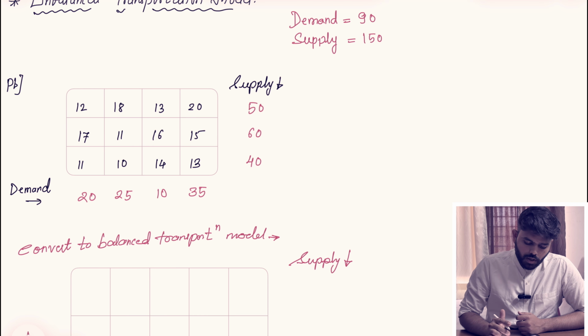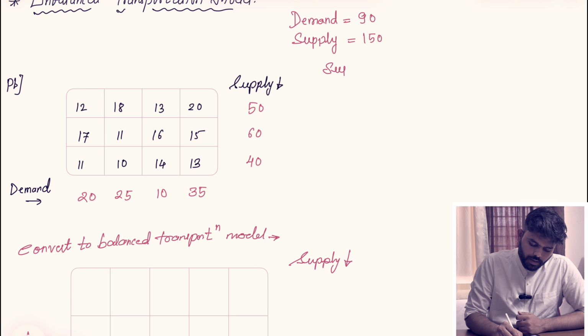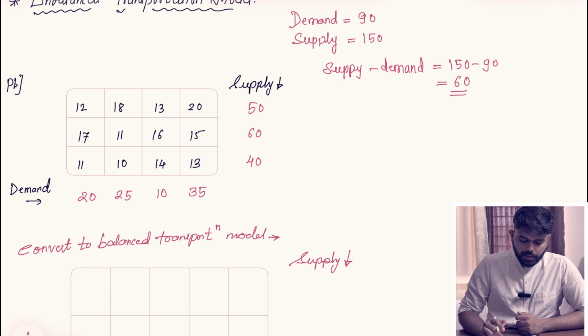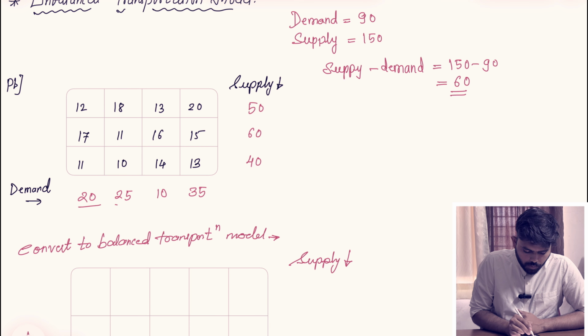Okay. So here we can say that supply minus demand is equal to 150 minus 90, that is 60. As far as this matrix is concerned, 60 demand is in short of the supply, and we can see from the matrix that each and every column represents the demand.